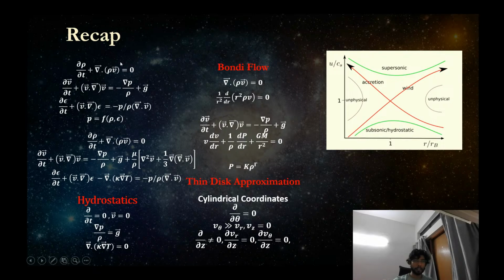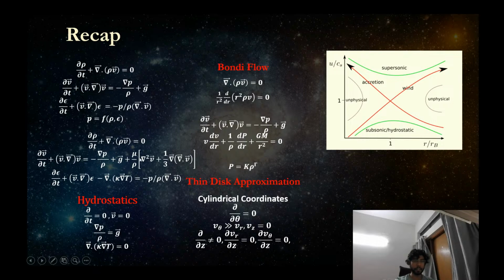Okay, now this was the ideal state, and we also saw last week how the equations get modified in non-ideal cases. For example, what if we introduce viscosity in the momentum conservation equation?